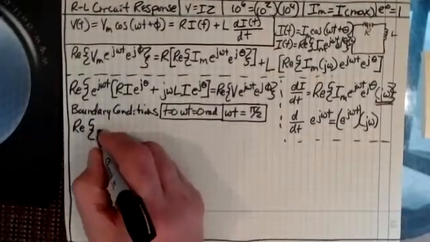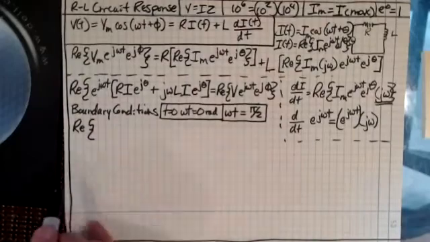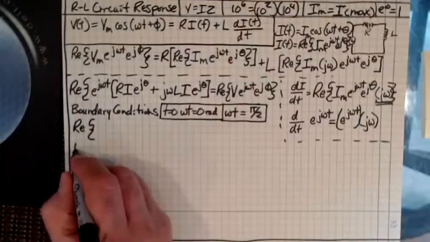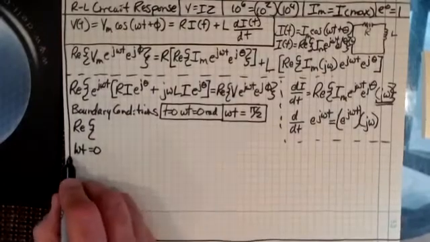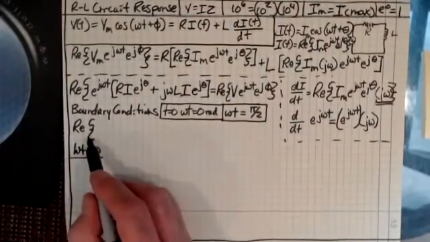So this tells me that for that condition, now let me write it. Omega t equals 0. That's this condition right here. I put a line underneath it.